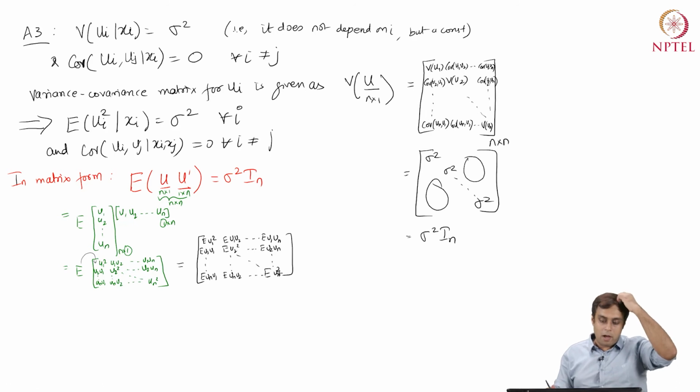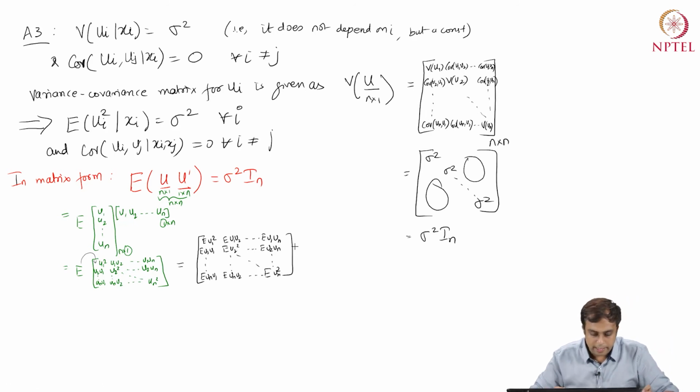Okay. Now this matrix in front of you, that is expectation u u prime, is nothing but the variance covariance matrix, right? Because if you look at it carefully, expectation ui squared is nothing but variance of ui, given that expectation ui is 0. Expectation u1 u2 corresponds to covariance between u1 and u2, and similarly expectation u2 u1 corresponds to this.